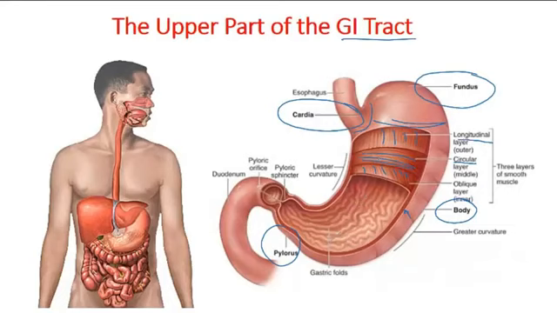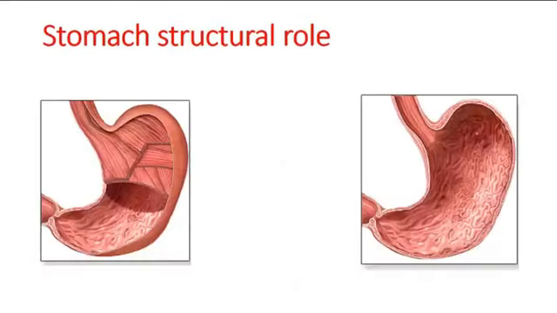Another very important structure of the stomach is this kind of fold, the inner layer folds of the stomach. Due to these folds, the stomach can increase its surface area and its size based on the amount of food it receives.